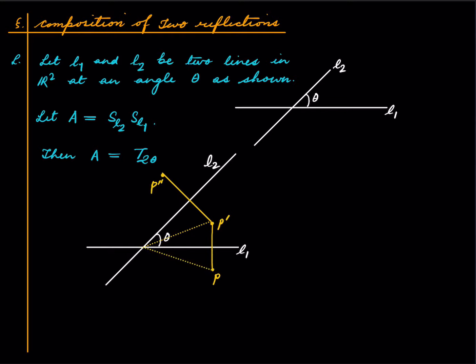So if I draw all these three things, whatever this angle is, let's call it x, then this is also x, because reflection behaves that way. And if this is y, then that is also y. So therefore, what is x plus y? x plus y is theta, because this is theta and x plus y is the same thing. So x plus y is theta, and this whole thing is nothing but 2x plus 2y. So therefore, P double prime is nothing but P rotated by 2 theta. So that's basically the proof. So we keep that in mind: if you compose two reflections, you get a rotation.